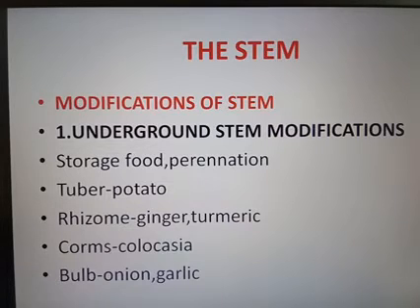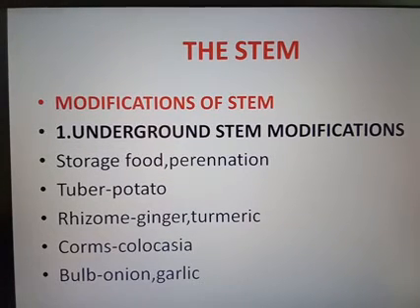Then the underground stems of potato, ginger, turmeric and colocasia show modified food storage structures. And onion and garlic show a condensed, discoid stem with a large number of food-storing fleshy scale leaves. In underground stem modifications, we describe different names for each one.